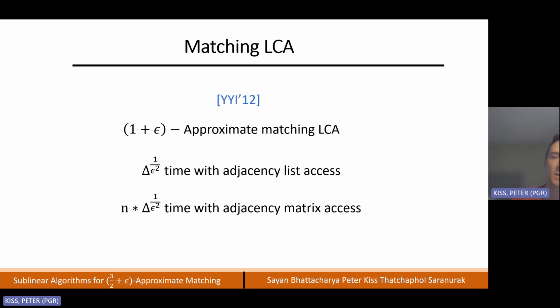So this makes sense for small degree graphs, of course. Do note that with n adjacency matrix accesses, we can execute a single adjacency list access because we can just iterate through the neighbors of a specific vertex. So this is where the connection is coming from.